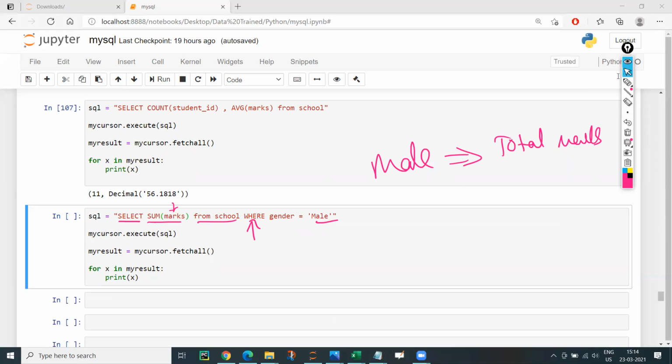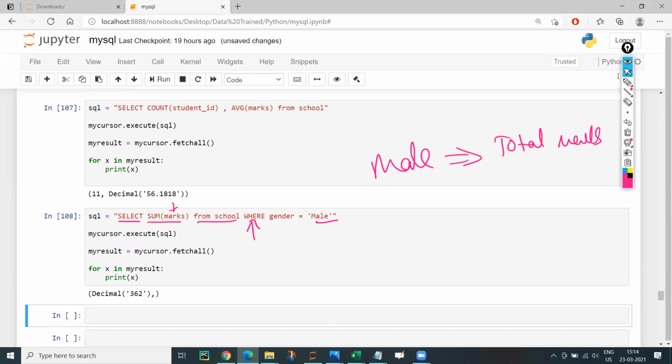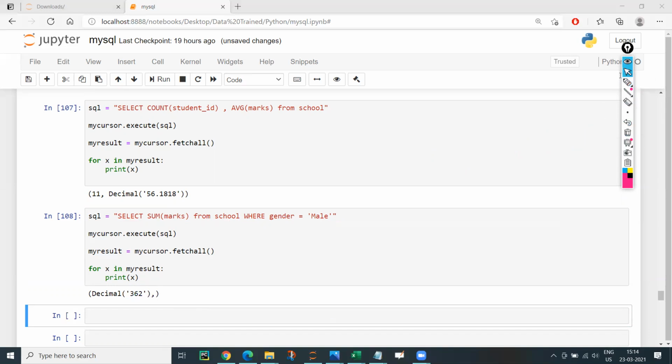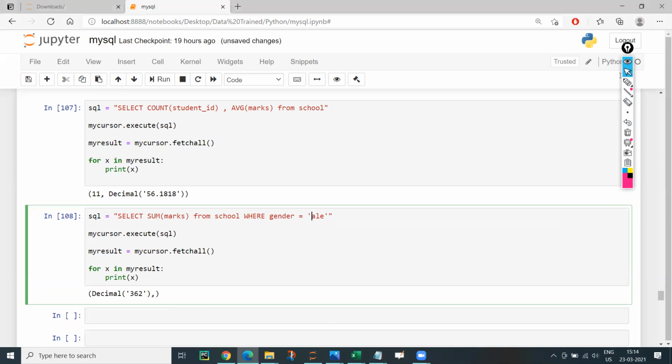All right, let's execute this. So total is basically 362. If I want to filter based on the other gender, I can just change it to female. Let's execute this.